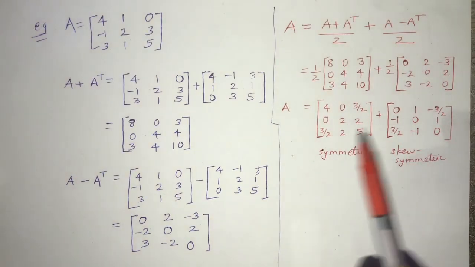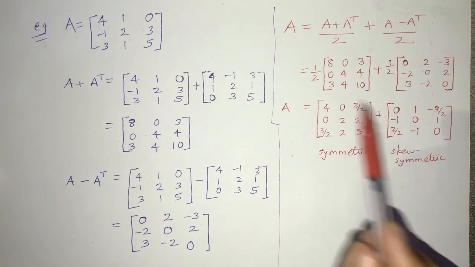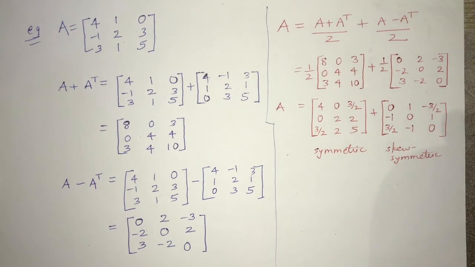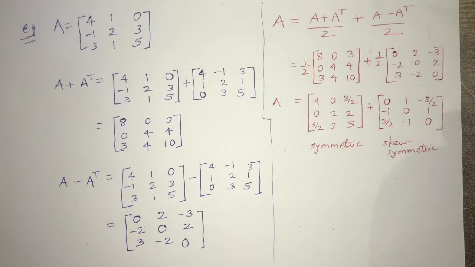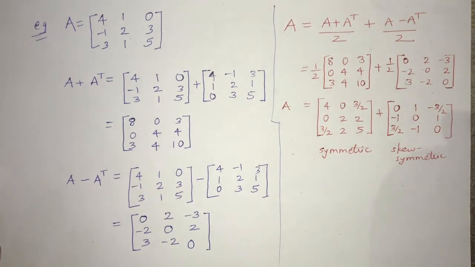If you add these two matrices, check: 4 0 4 will come, 0 1 1 will come, 3/2 -3/2 0 will come. You add these matrices, and you will find out that it is A. Okay, so that is how it works. So every matrix can be written as sum of two matrices, one symmetric, other skew symmetric. We proved by theory also, we have taken an example also now.